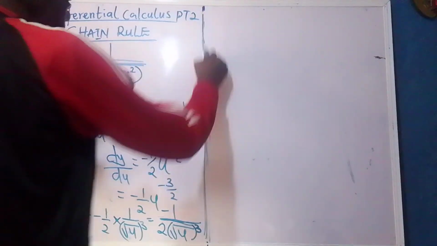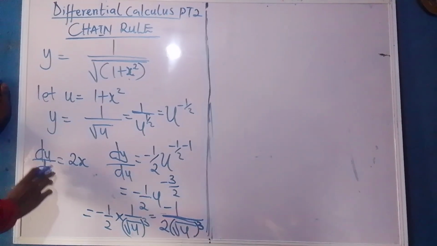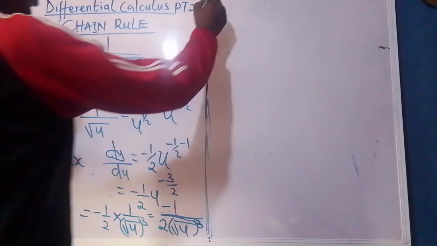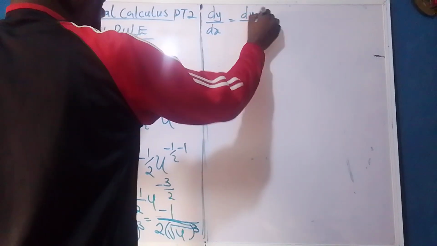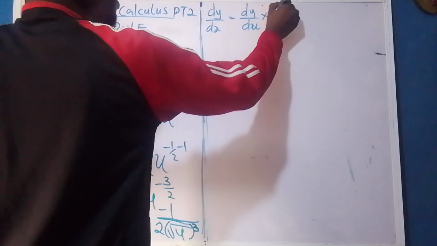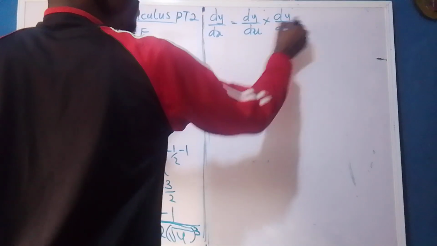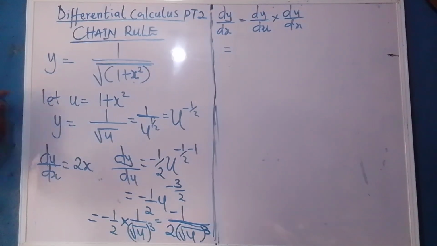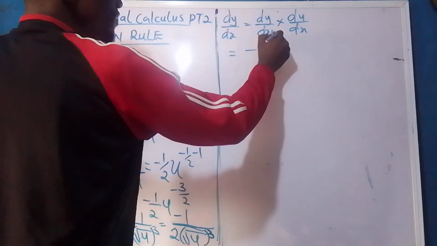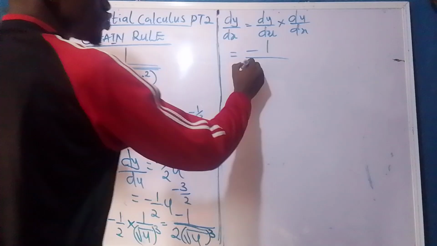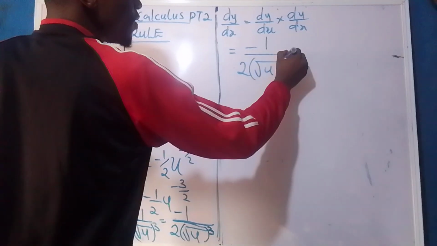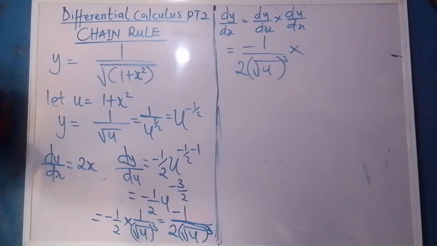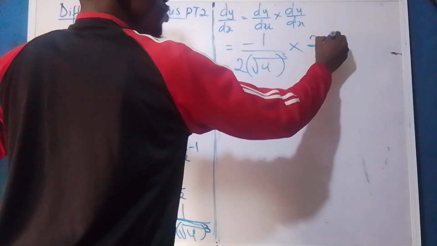Okay. So since we have gotten our du over dx and dy over du, all that remains is to put it into the formula of chain rule, which is dy over du times du over dx. So do not forget, dy over du is negative 1 over 2 open bracket root u to the power of 3, multiplied by du over dx, which is 2x.